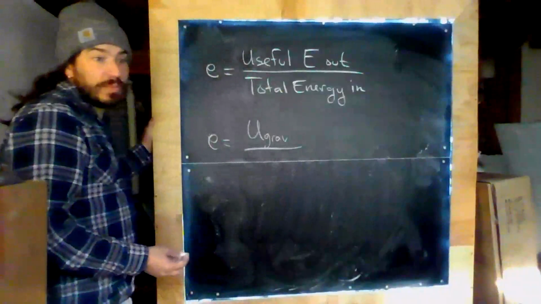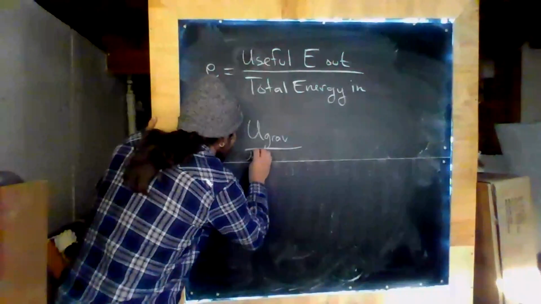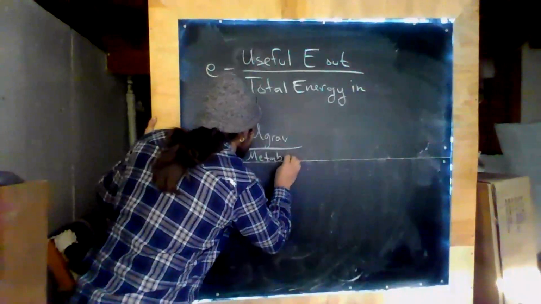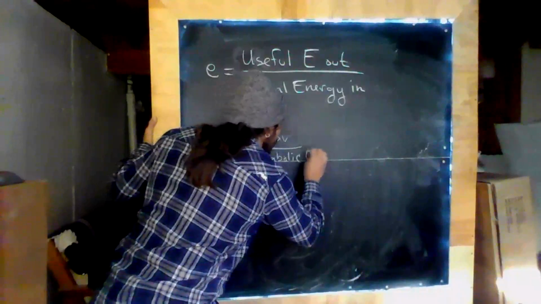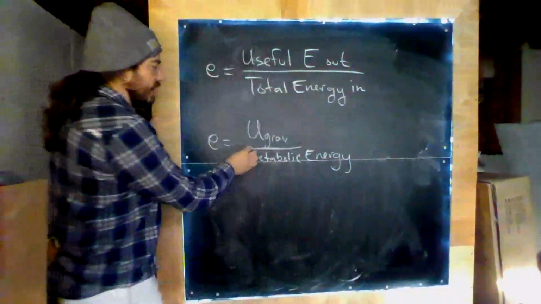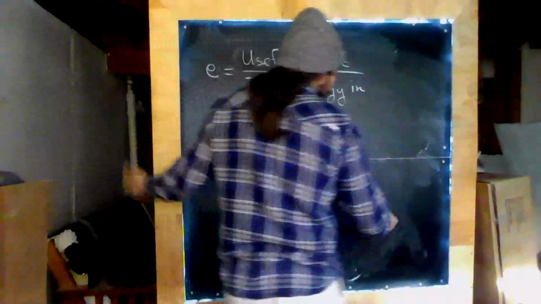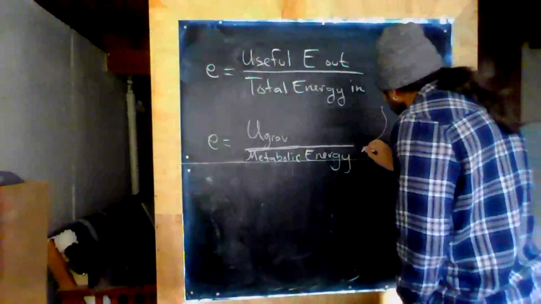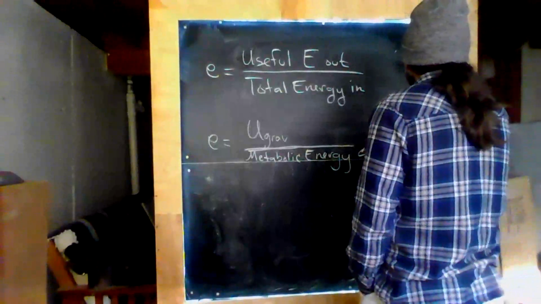And so this would be, well, let's call this our metabolic energy. Okay, so our metabolic energy goes down there. And maybe we could also add a little thing here that's calories burned.